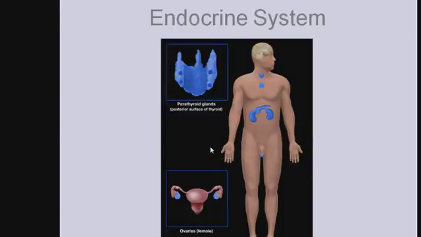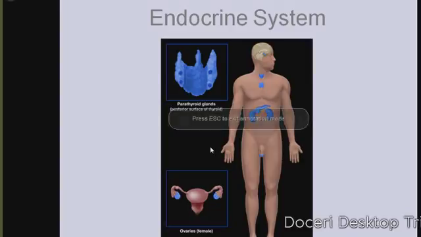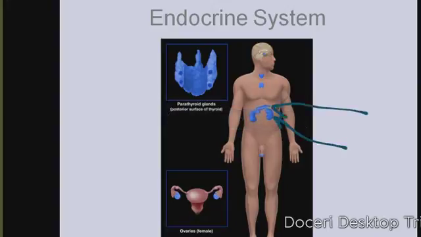Alright, endocrine system. So here we're looking at some of the glands of the body. Most of the main ones are illustrated here. We've got our kidneys, which include the adrenal glands, and we've also got our pancreas here in the gut. We've got the thymus gland, not the thalamus, here in the chest.